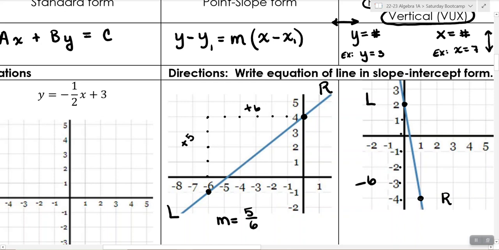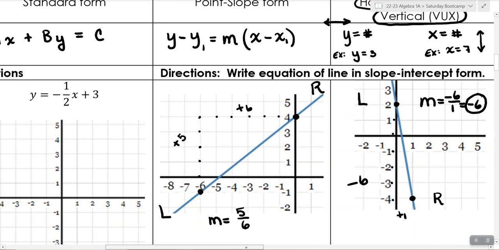And the run happens to just be 1. So the slope here would be negative 6 over 1, or just negative 6. While Desmos can give you the graph, it's not necessarily going to tell you this slope is negative 6. You do have to know how to do some things on your own.